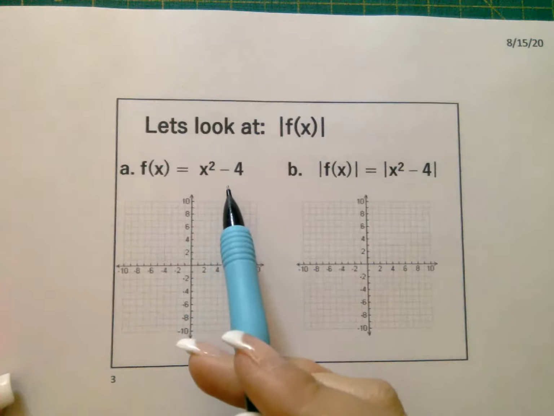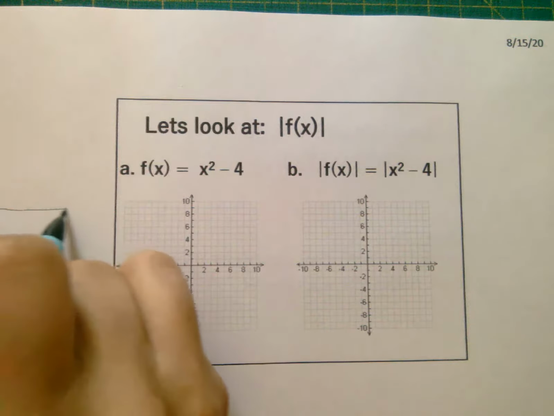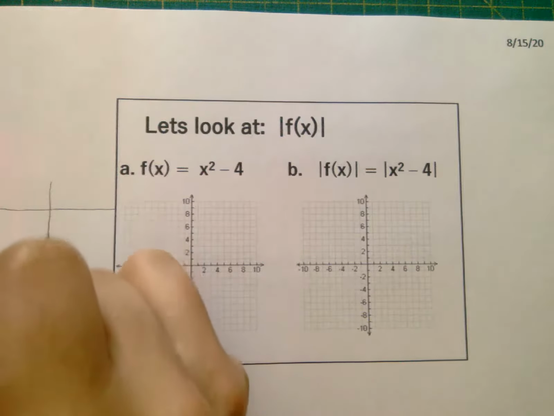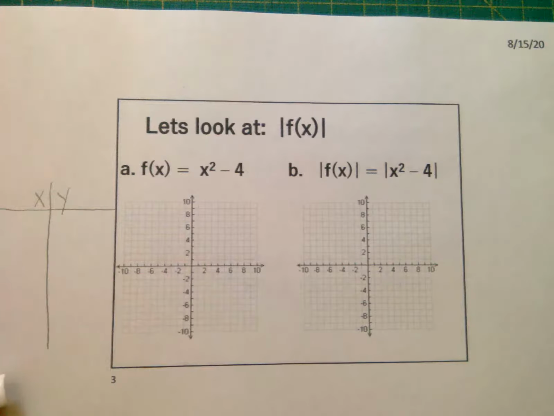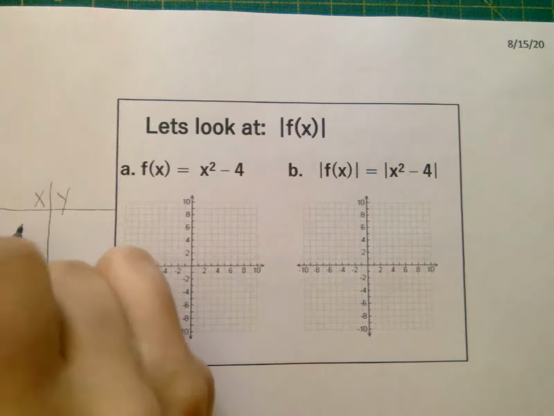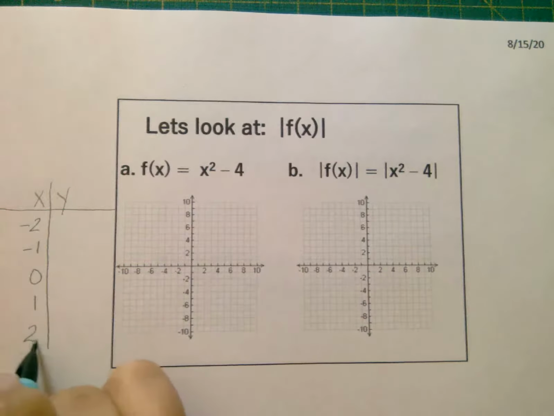This is a quadratic. So in order to graph that, I'm going to make a table of values. Quadratic uses -2 to +2.